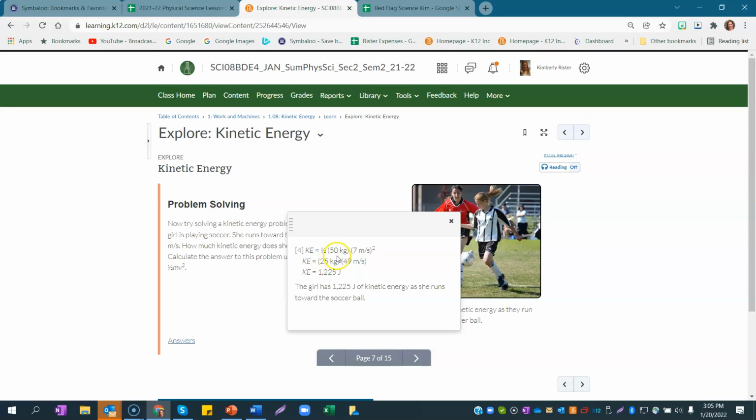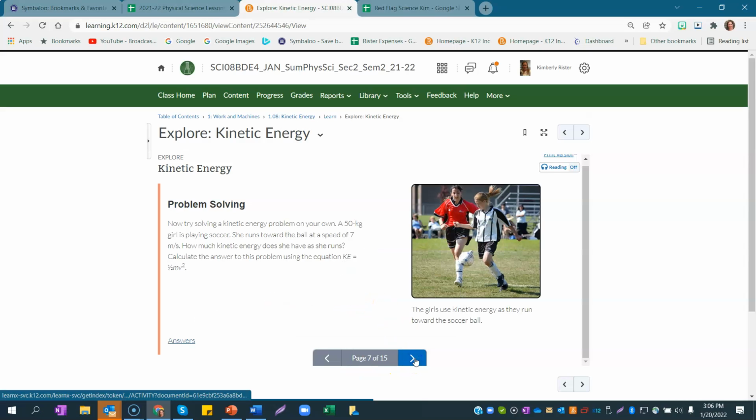Then you half the 50, so it's 25 times 49, and that equals 1,225 joules. So the girl has 1,225 joules of kinetic energy as she runs towards the soccer ball. That is the way you solve it.